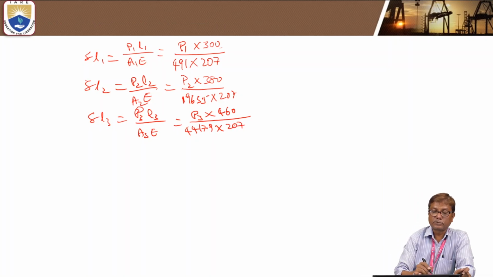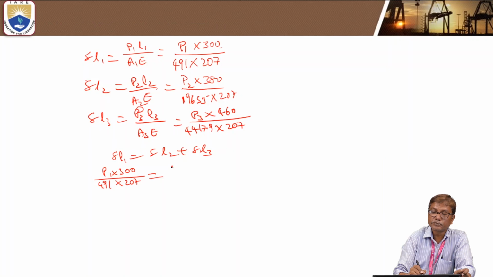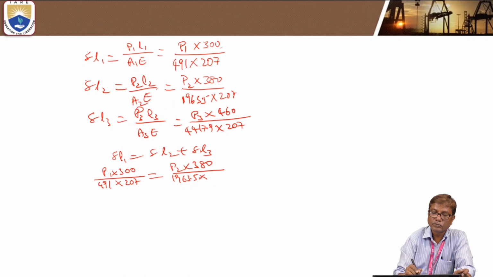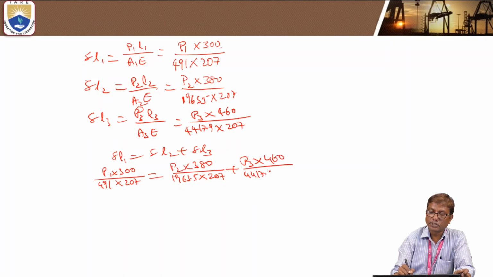Now substituting these values, delta L1 equal to delta L2 plus delta L3, that is P1 into 300 by 491 into 207 is equal to P2 into 380 by 1963.5 into 207 plus P3 into 460 by 4417.9 into 207.